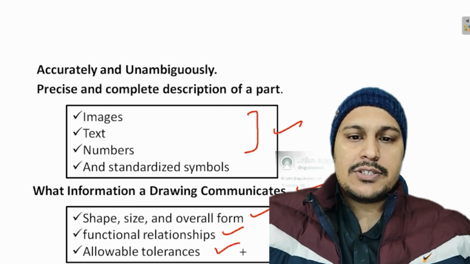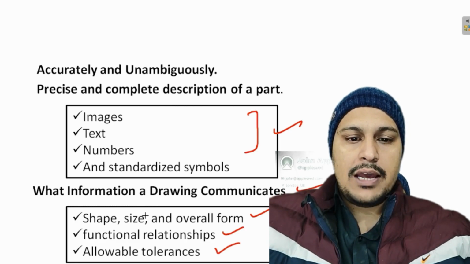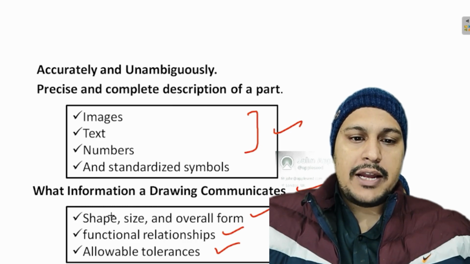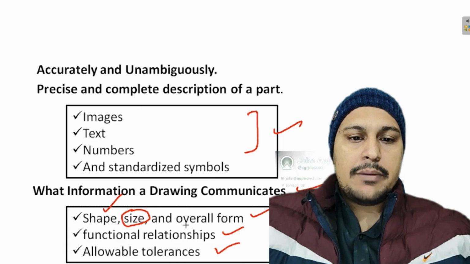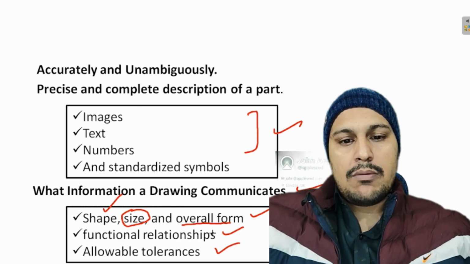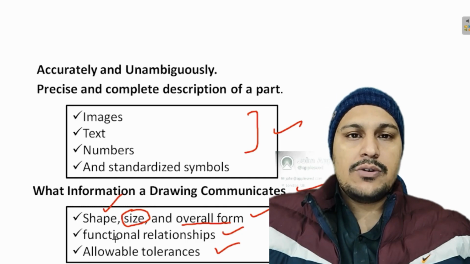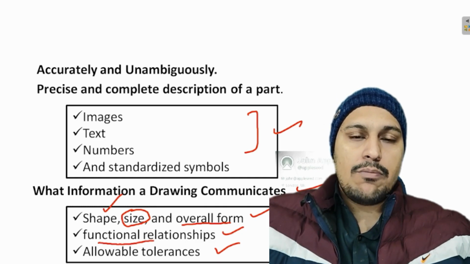In the orthographic views, the projections, we are able to see the shape, the dimensions tell us about the sizes, and the image itself tells us the overall form of the part.